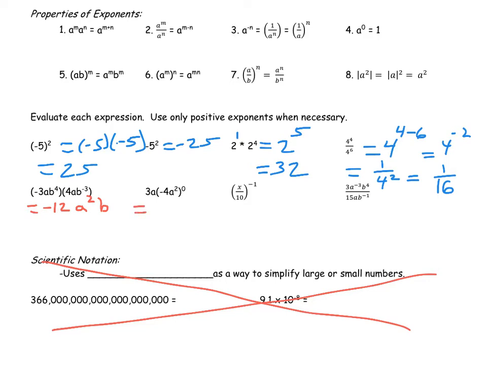Now, something to always watch out for would be right here. I'm not doing anything with the 3A, but I do know that anything to the 0 power is 1. So even though that looks like a mess inside of there, I'm not going to do anything with that -4A squared, because that's 1. Anything to the 0 power is 1.